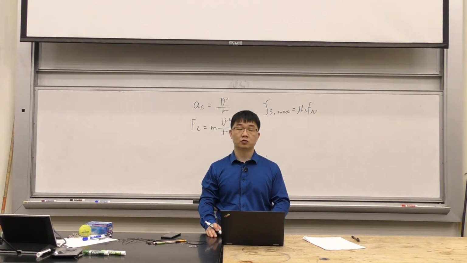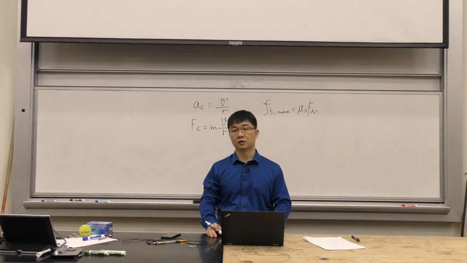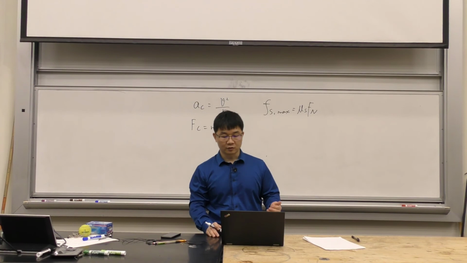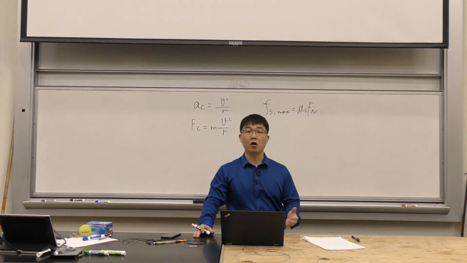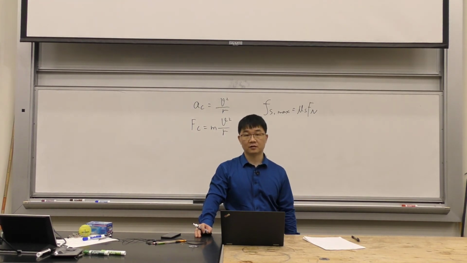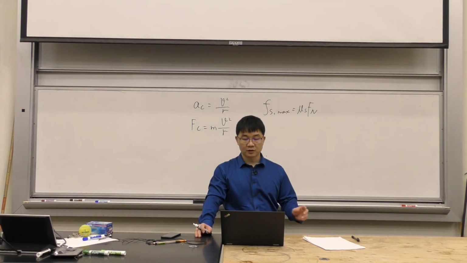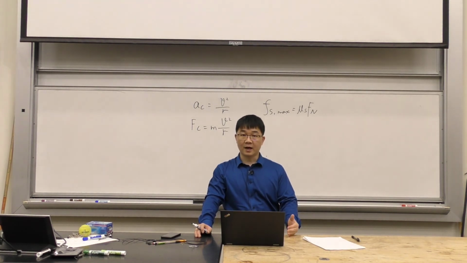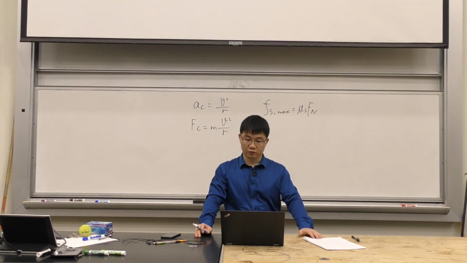So the total centripetal force the car can get from the road can be larger than only this static friction force. In that case, the car can make the turn with an even larger speed than when the car is moving on a flat road, because now the total centripetal force it can get from the road is a combination of one component of the normal force and the static friction force.